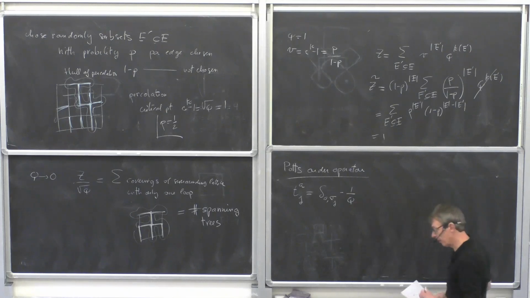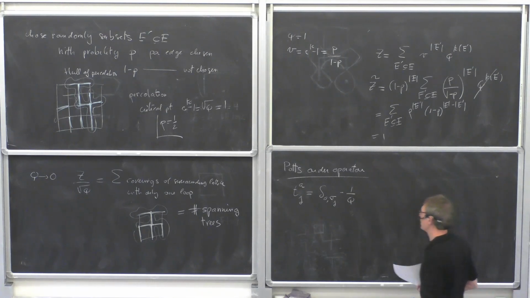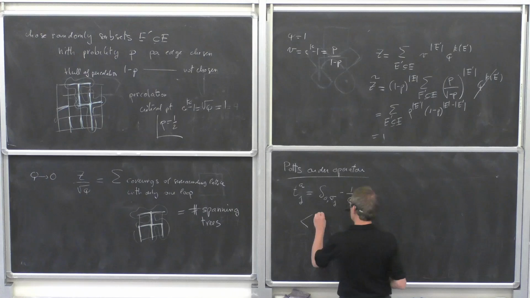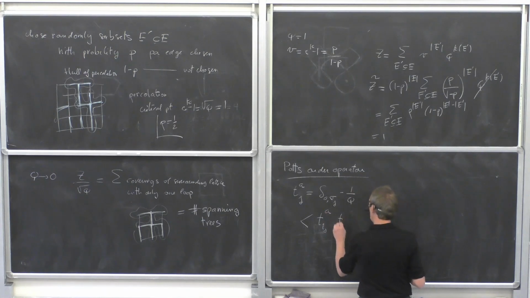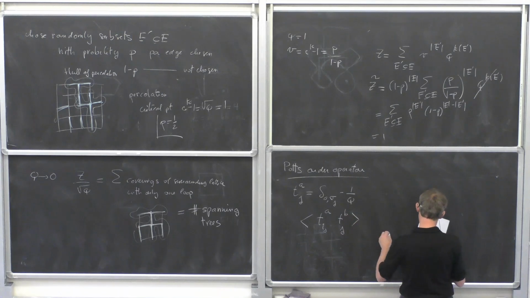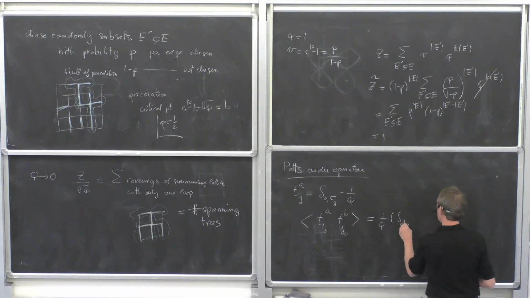In fact, for the Potts model in general, it is this. And what I want to get to is that the 2-point function of the tensor, which is really what I'll be interested in later on, is 1 over q, delta AB minus 1 over q.